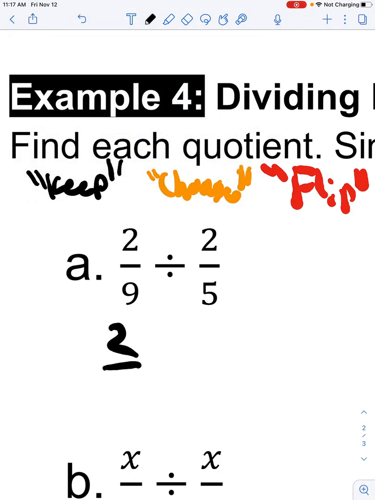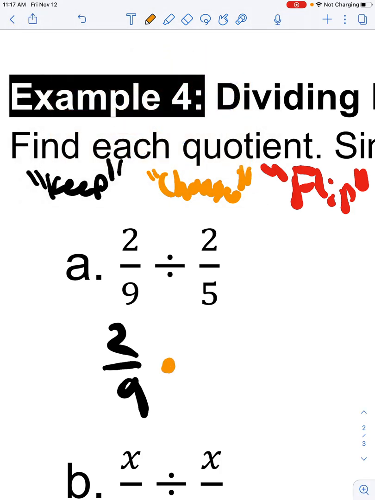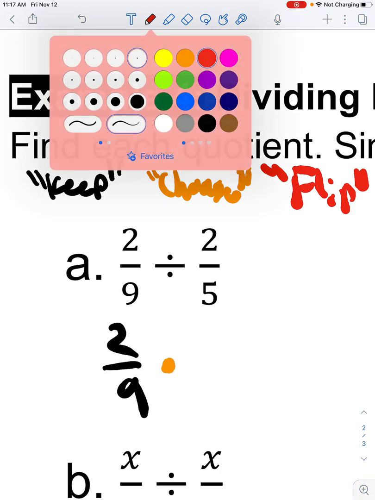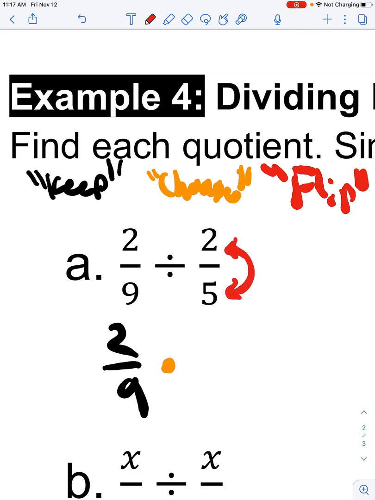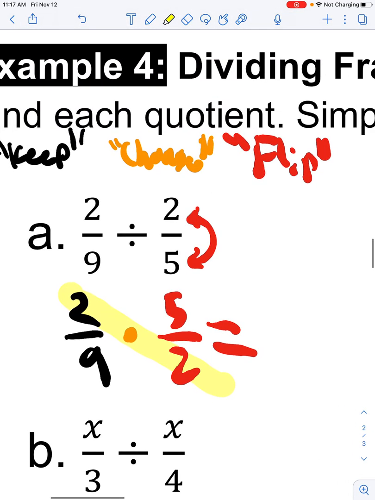Keep, change, flip. So I am going to keep my first number the same, 2/9. I'm going to change division to multiply, and then I'm going to flip 2 and 5 so that it's 5 over 2.